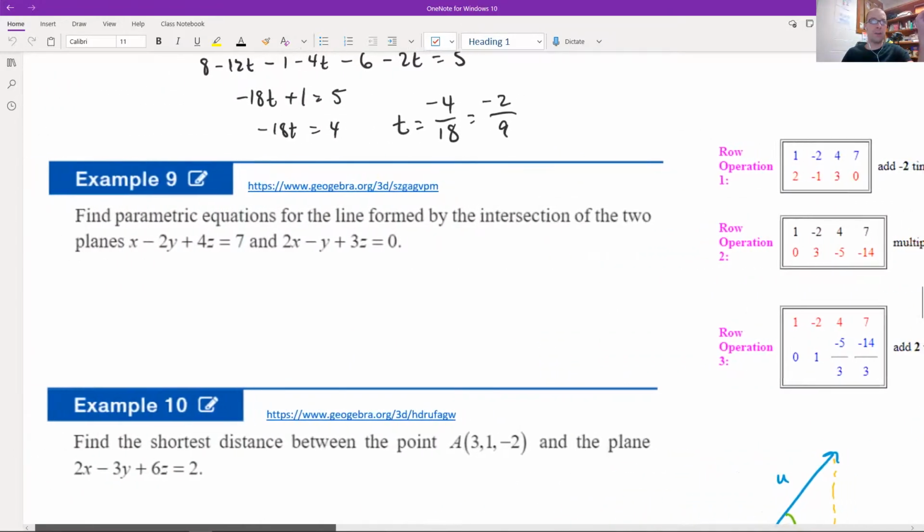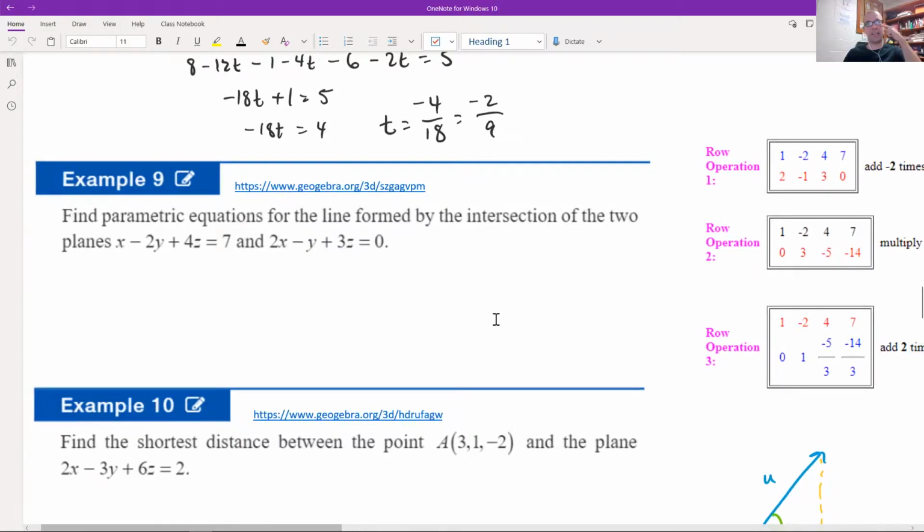In our context, though, we can make use of the fact that we've learned about the cross product. Each of these planes has a normal vector, which we can read off.